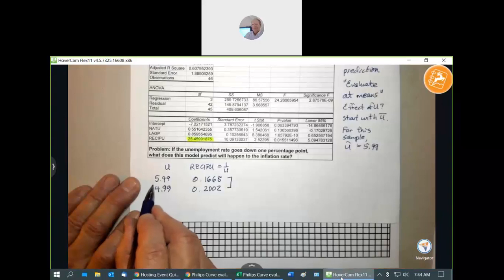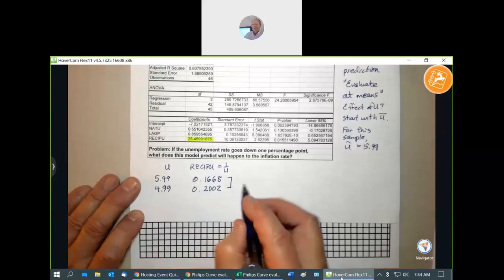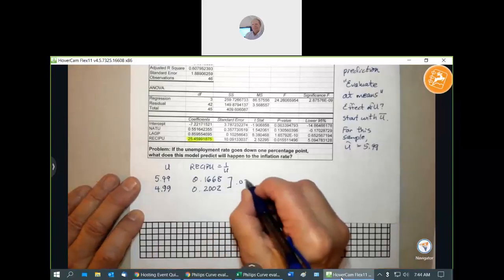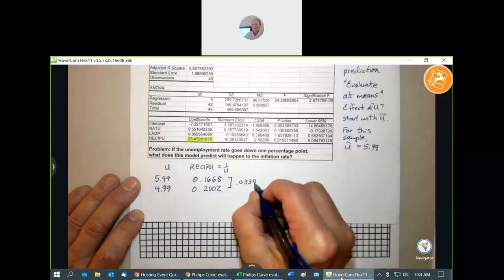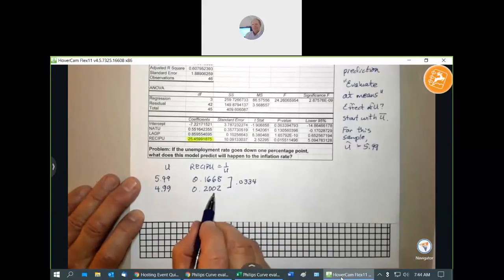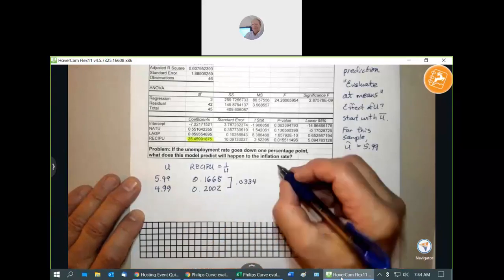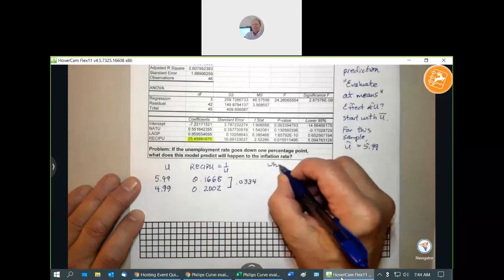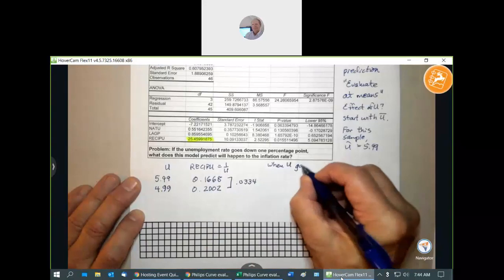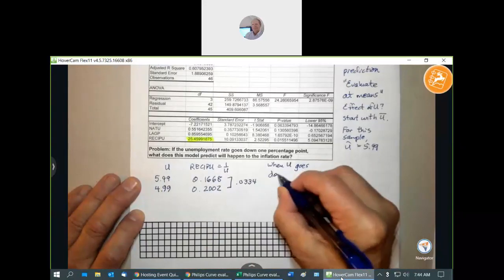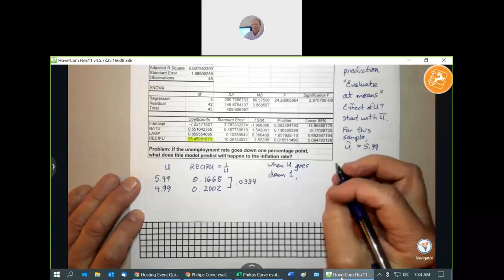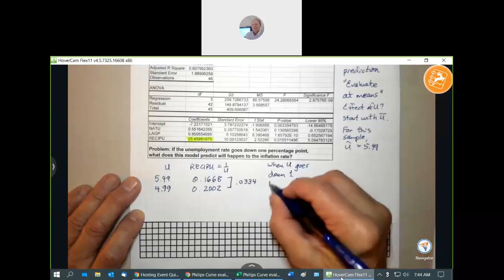That's a gap of 1 percentage point. The corresponding gap in recip U is 0.0334. So you just take this one number and then subtract 0.1668, and you'll find that gap. That's why we're justified in saying when U goes down 1, recip U goes up 0.0334.